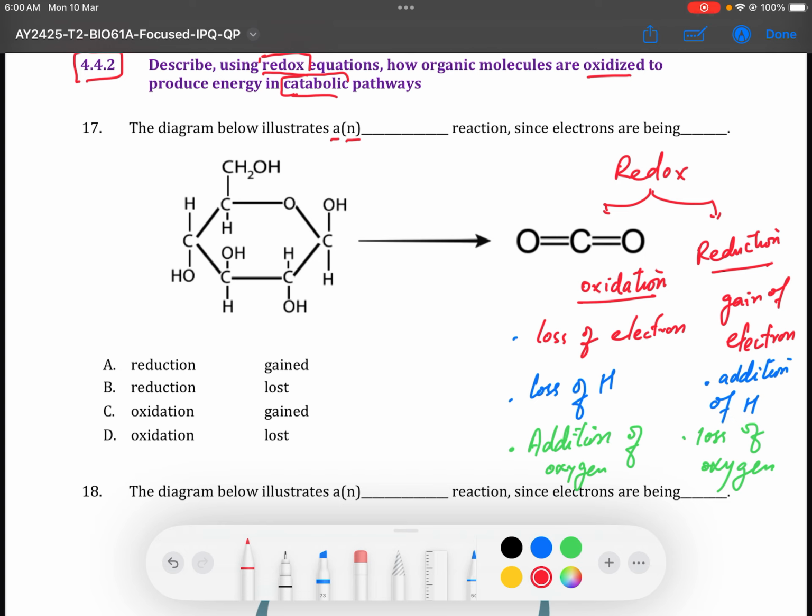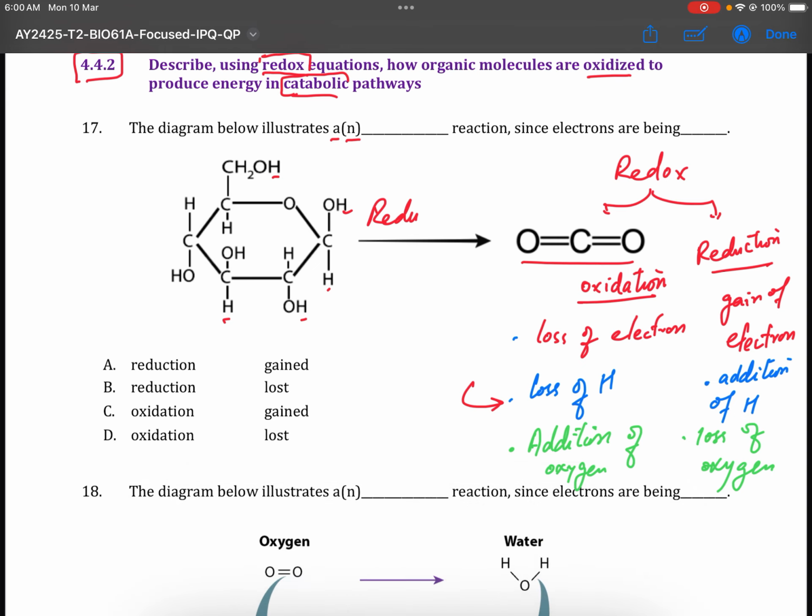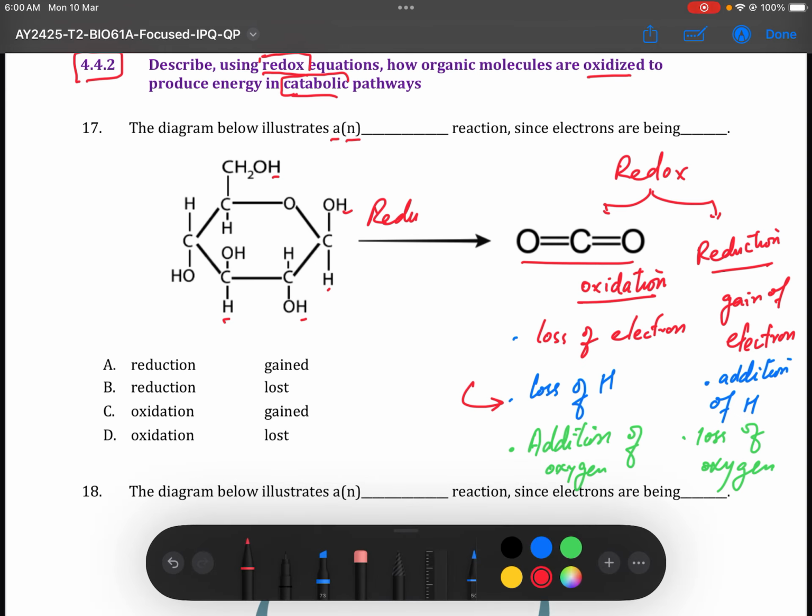We look into this diagram, we have so many hydrogens here, but when the reaction is completed, we don't have any hydrogen over here. So of course it's the loss of hydrogen, so the reaction is going to be oxidation, and we can say electrons are lost over here.